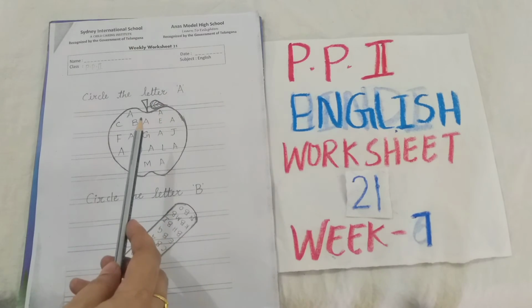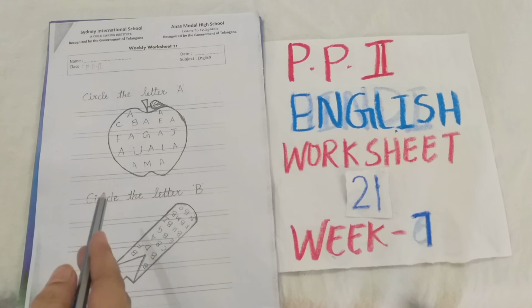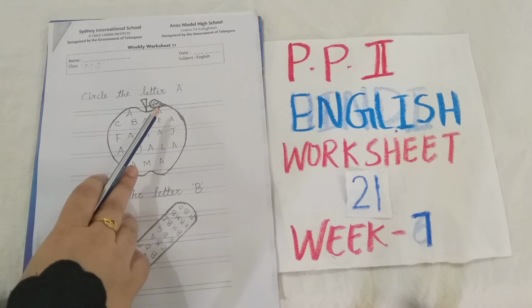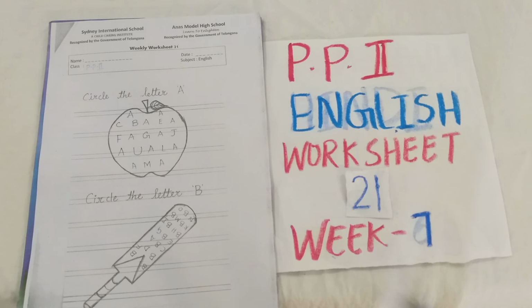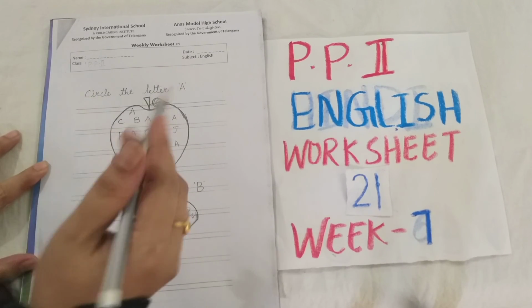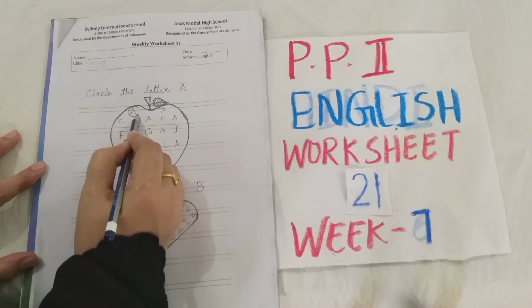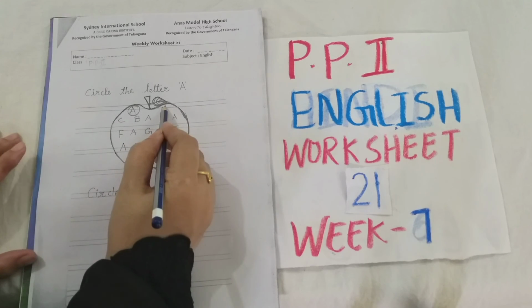Okay. What you have to do here in the worksheet number 21? Circle the letter A. Okay. Come on, start circling the letter A. Where is the A? There only you have to circle like this. See, here is the capital A. And here also.